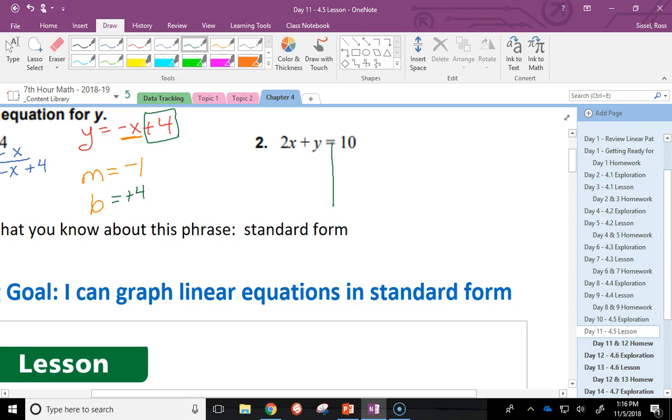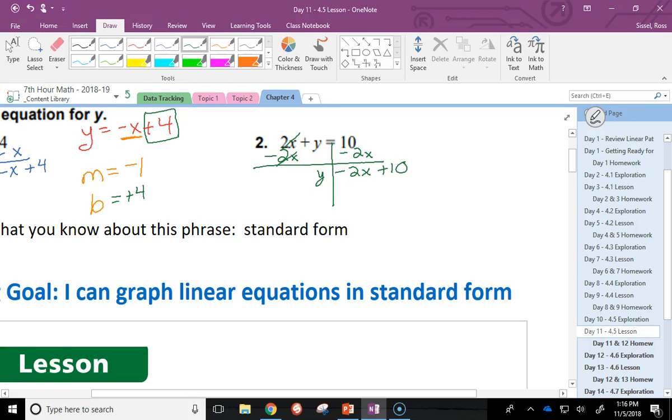Alejandra? All right, say it again, Alejandra. Yeah, we're going to subtract 2x from the sides. So those would cancel each other out. I have y equals negative 2x plus 10.